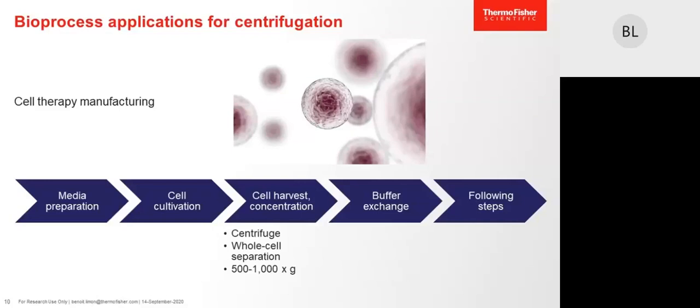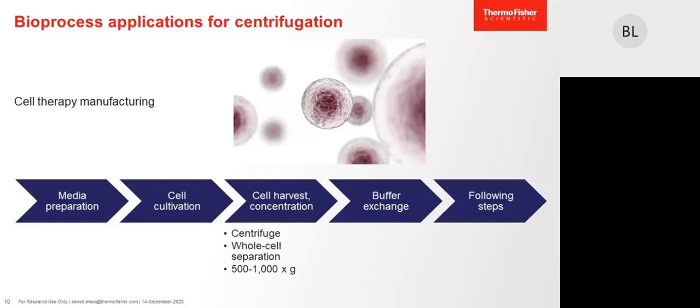Usually the whole cell is the product of interest, and the centrifugation should be very gentle, so as not to damage the fragile, delicate, and important cells. Usually we use between 500 and 1000 G-force.